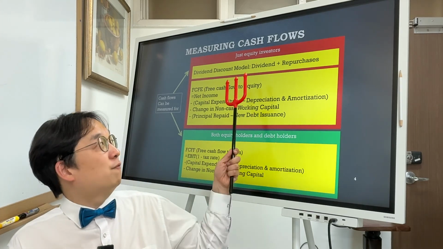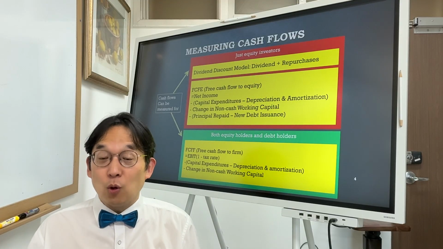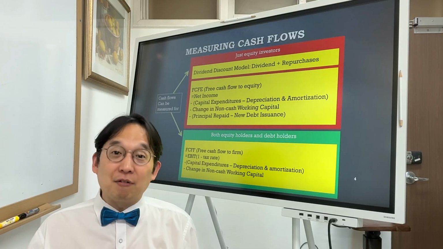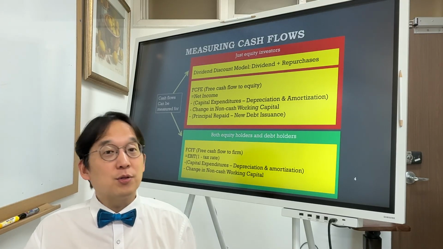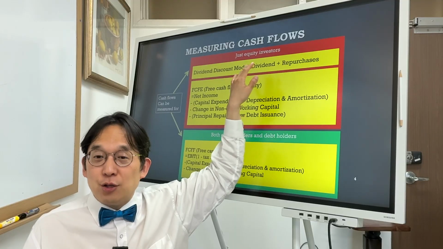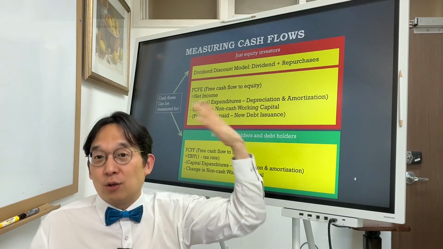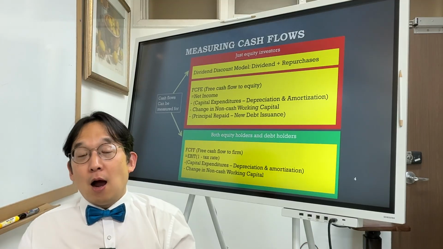So the dividend was a very, very primitive form of cash flow going to the pocket of equity holders, shareholders. So here, very simple: let's just focus on dividend and treat it as the only cash flow. Let's discount it at the cost of equity.